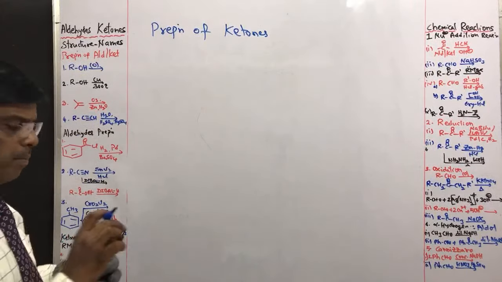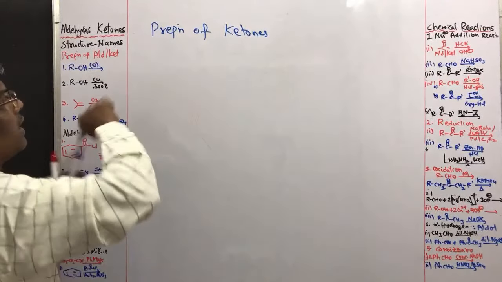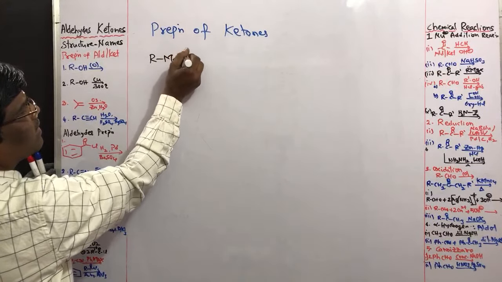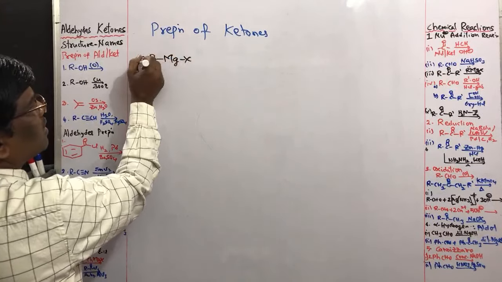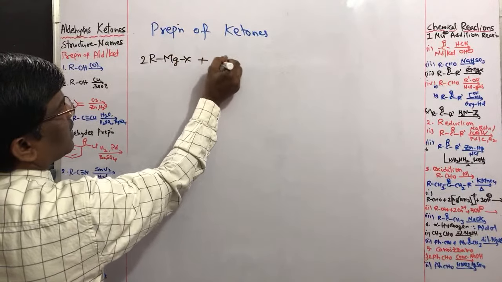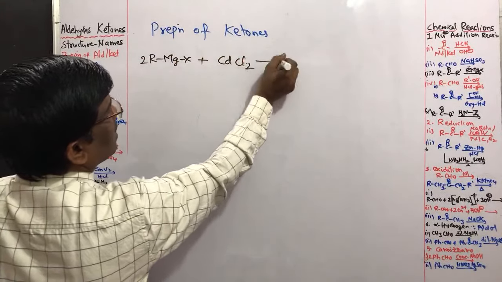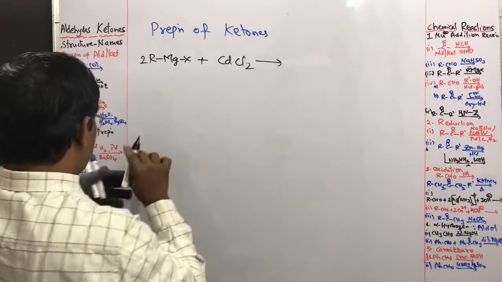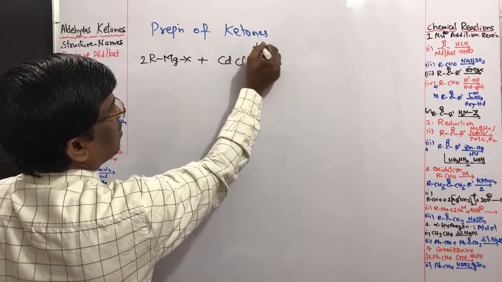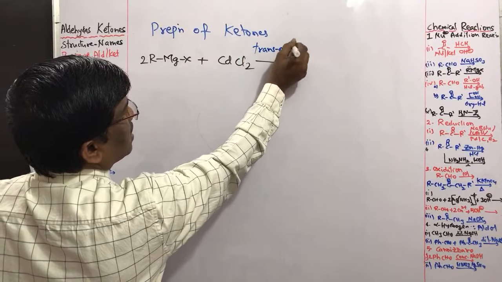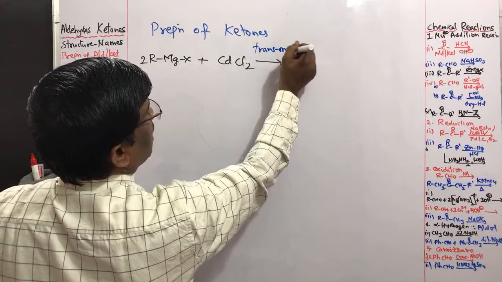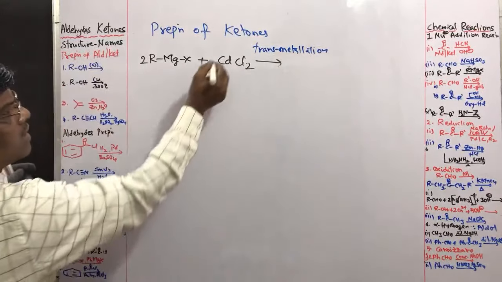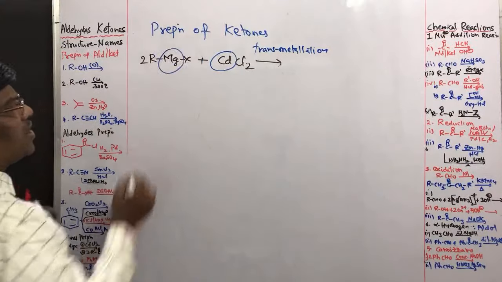So ketones can be prepared starting from Grignard reagent, for example RMgX. And when I treat it with cadmium chloride, transmetallation. The concept is transmetallation. Please write down transmetallation. At lower classes it may not have that importance. So what is happening? Here cadmium, this is magnesium.